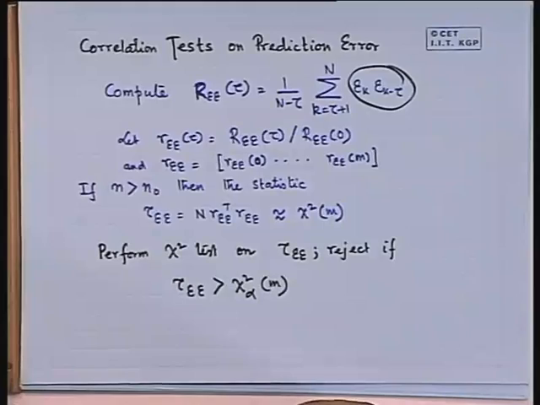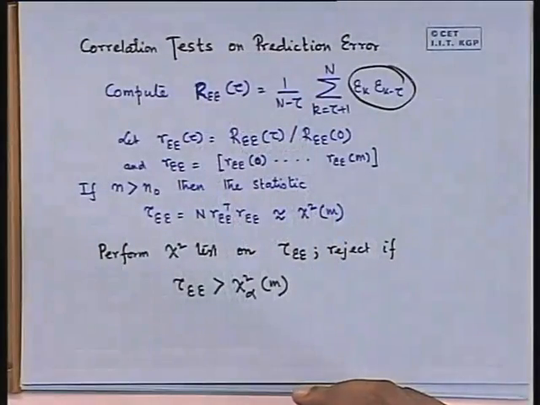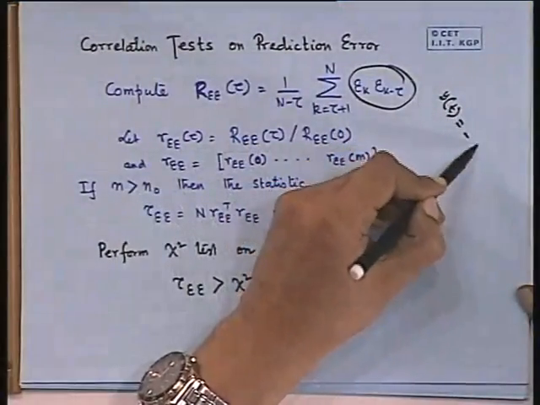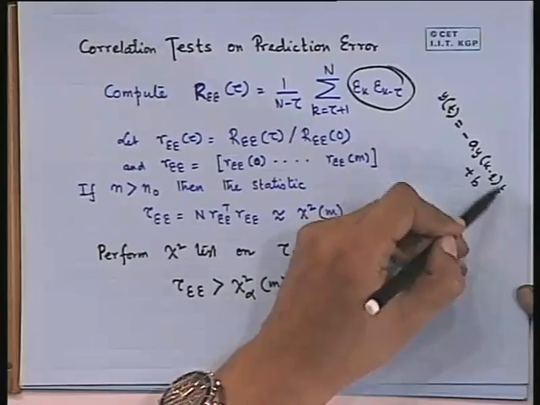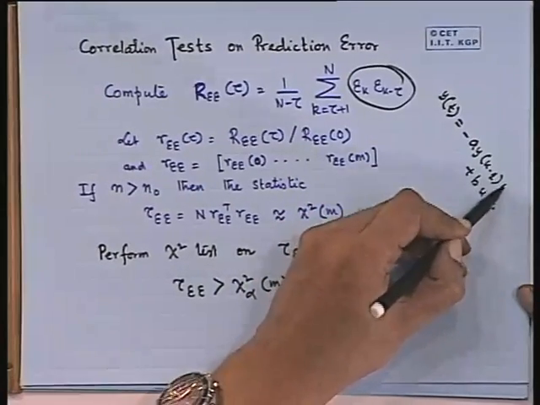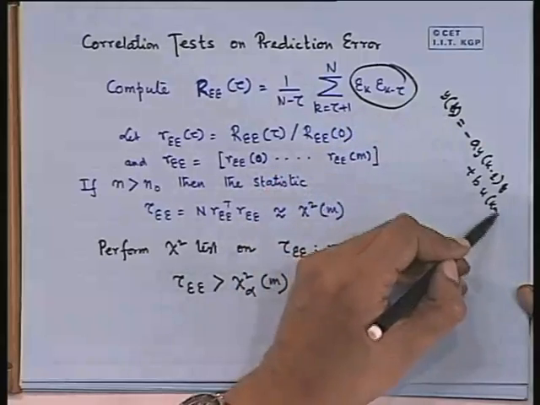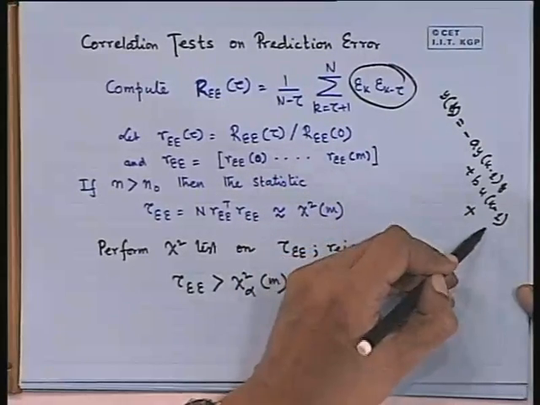Remember that if your measurement process includes a DC term, will this happen? It will never happen. So if your measurement process includes a DC term, then in your model you should contain a DC term. Then you should write that y_t is equal to minus a y_{k-1} plus b u_{k-1} plus some c.